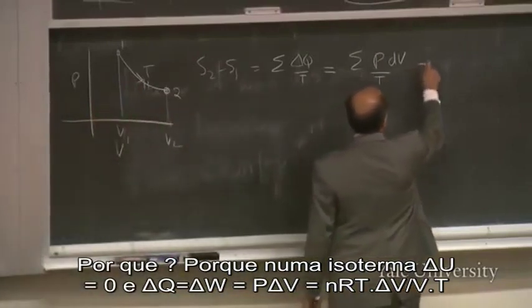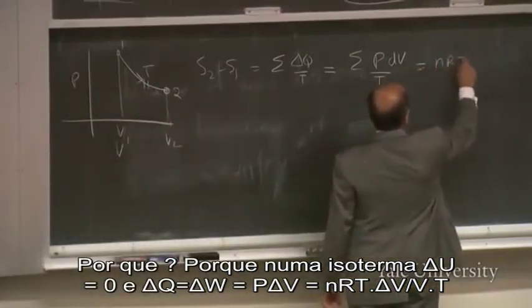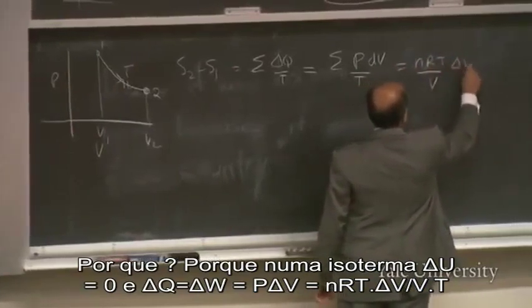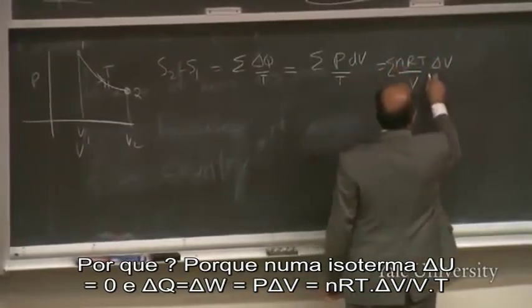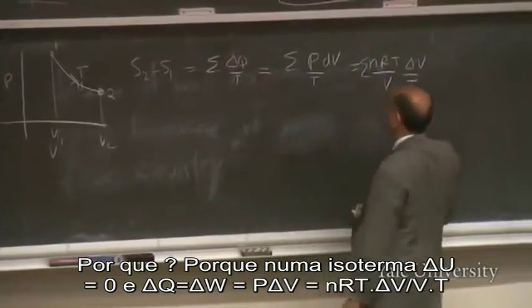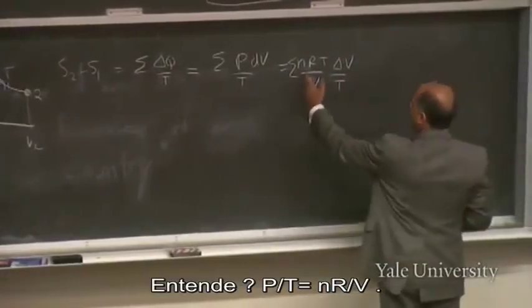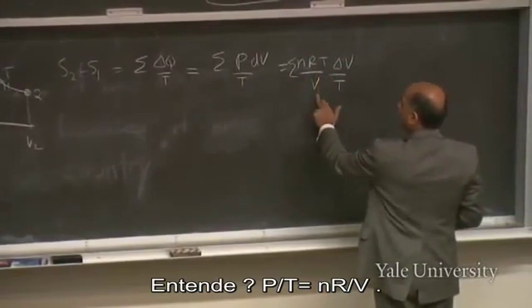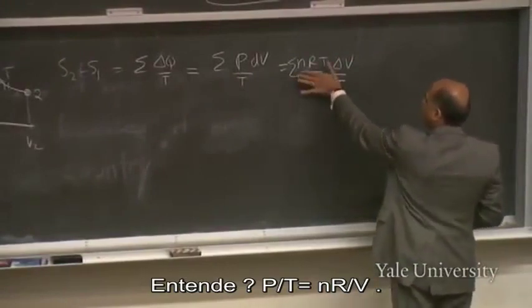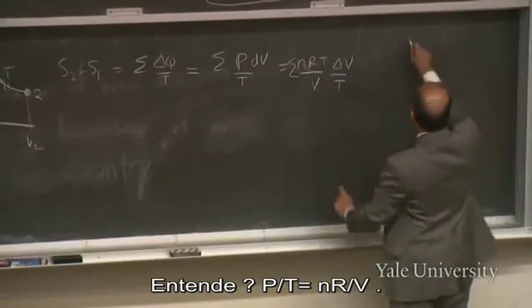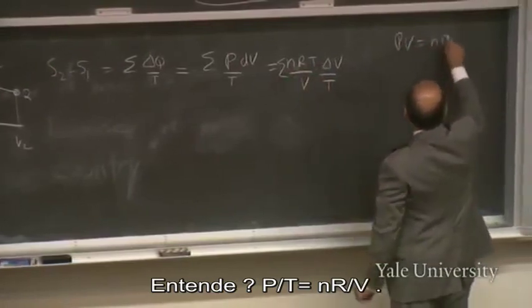But P over T is nRT over V delta V. You also want to divide it by a T. You understand? P over T is nR over V. So P is equal to nRT over V. I'm just saying PV is nRT.